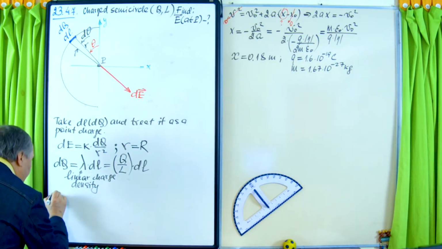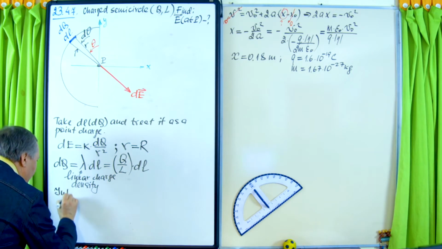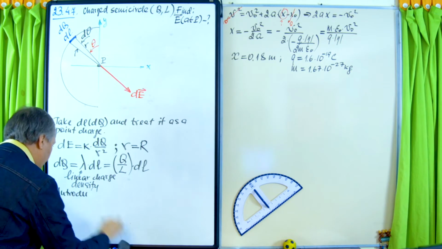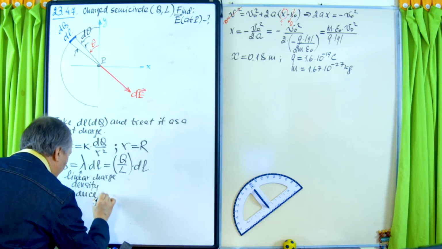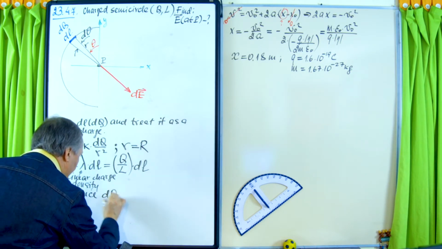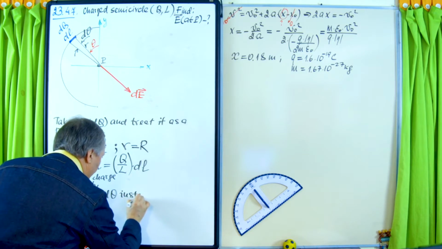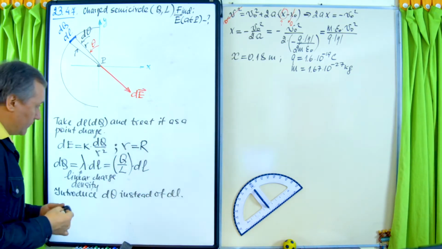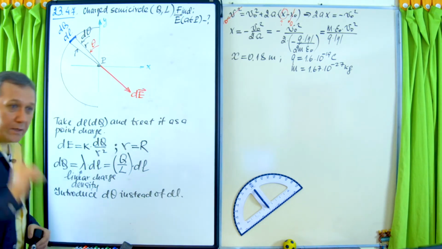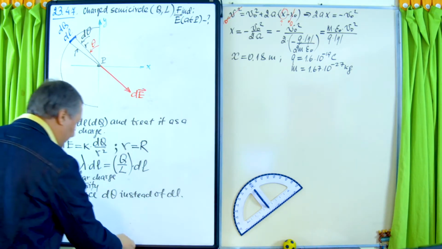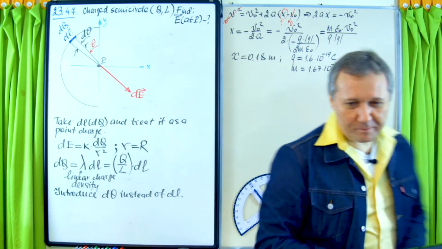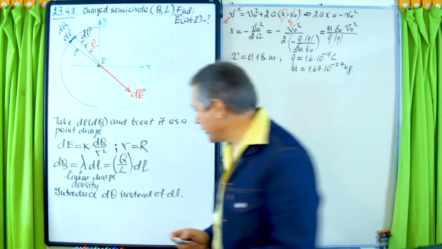So let me first write, introduce d theta instead of dl. Okay, right? And now let's connect them. You remember the definition of radians. How did we introduce radians?